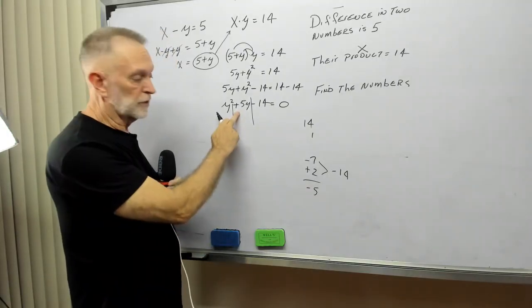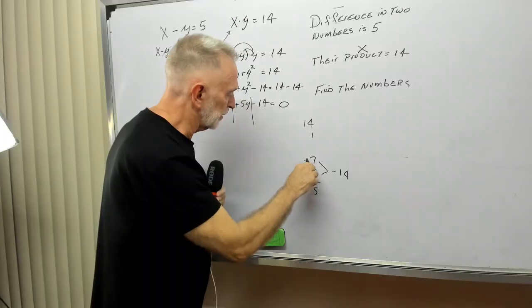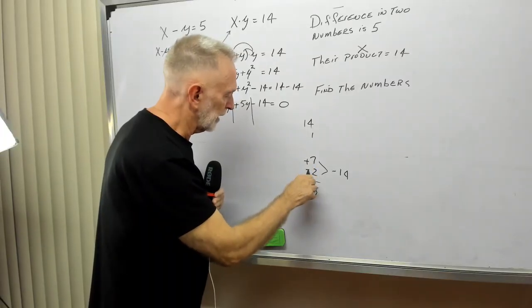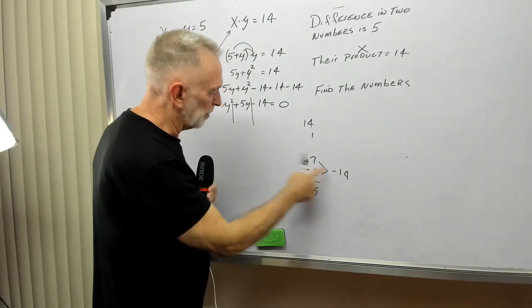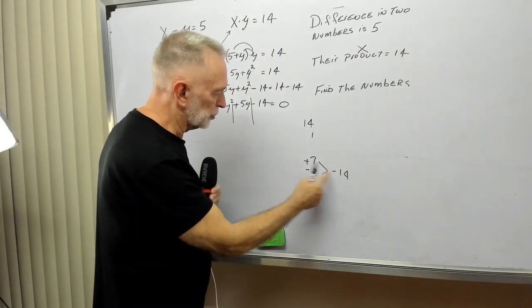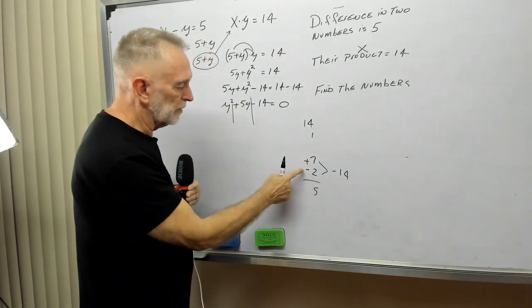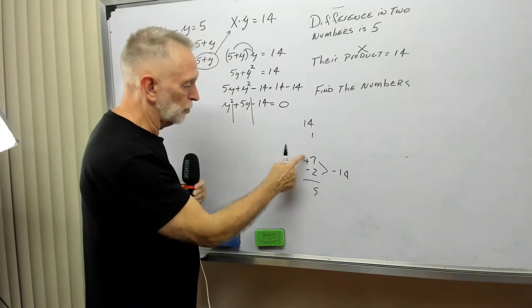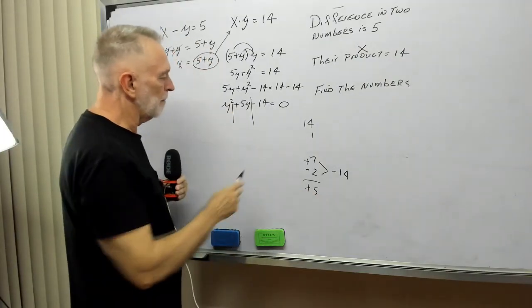That's not a positive 5. So let me change the sign here. Let me put a positive 7 and a negative 2. Negative times positive is negative, 7 times 2 is 14. But a positive 7 plus a negative 2 gives me a positive 5, which is what I want.